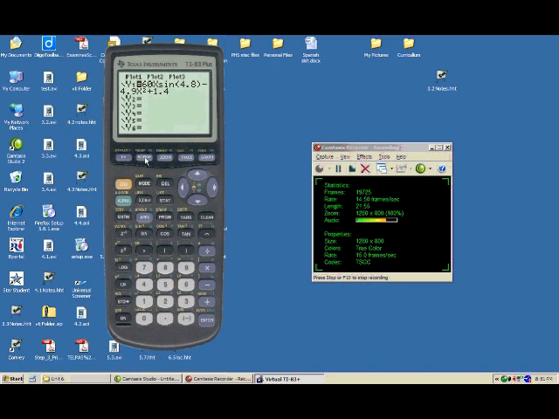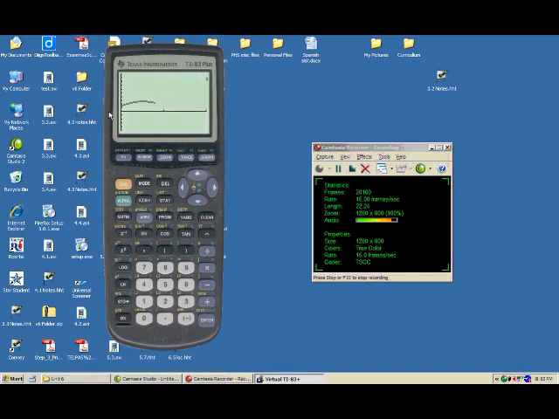And again, I'm going to go to my window and think what makes sense. I already know that this arrow takes less than 2 seconds to even get to the target. So I'm going to change that to 2. And my Y max doesn't need to be 50. It only needs to be maybe 5 at most, maybe a little bit more. We'll say 10. We'll be on the safe side and hit graph.